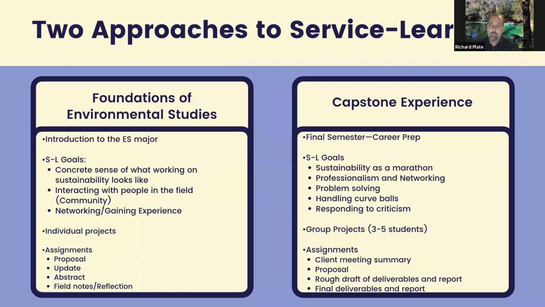So with that class, I put students in groups of 3 to 5. I give them a range of projects that they can work on. These are projects that I've set up with community partners before the class has begun. And then I have students apply for those projects.